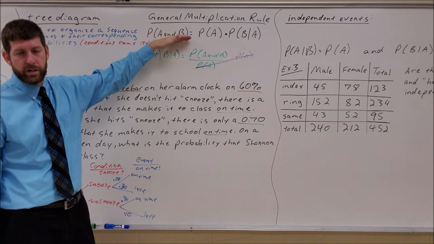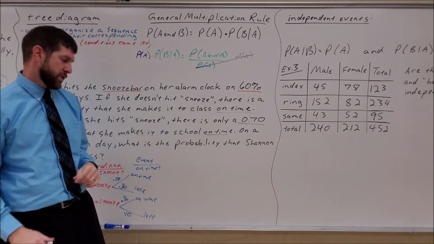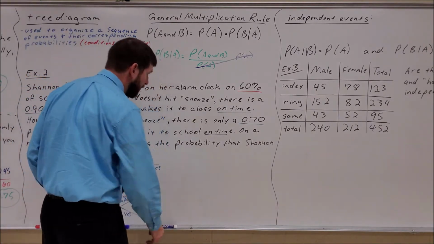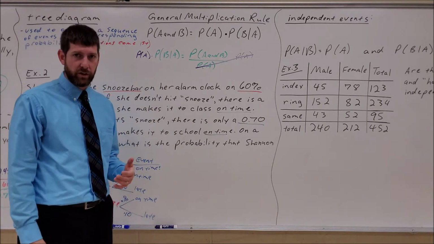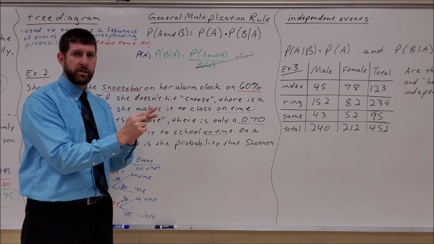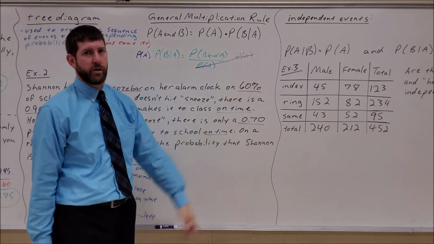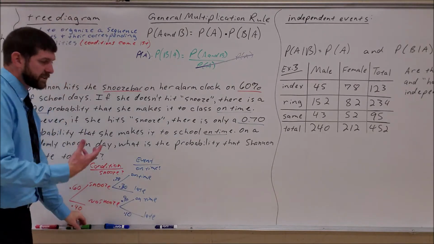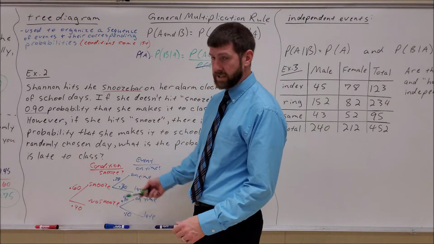That's where the general multiplication rule comes from. It's taking our conditional probability rule and just rearranging that old formula. So it tells us how to deal with ands, how to deal with sequences of events. So do the probability of the first event times the probability of the second event, adjusted for any impact the first event has. That's going to help us figure out how to deal with all these combinations that we get here.